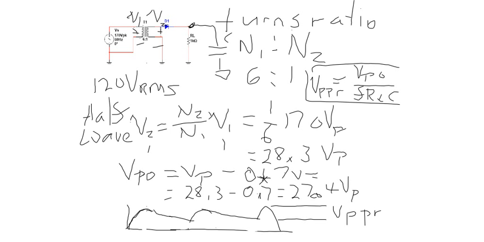The next one I want to look at is a full wave because it uses the whole wave. It flips, like we're just talking about, the negative half over and fills in those gaps. So we call it a full wave, and we're going to use a center tap transformer.